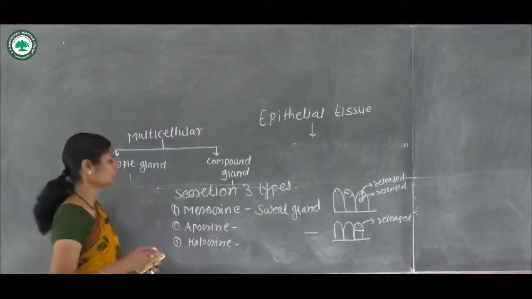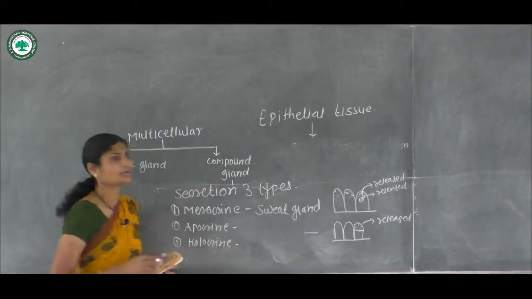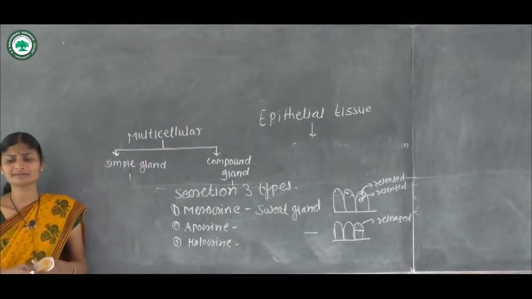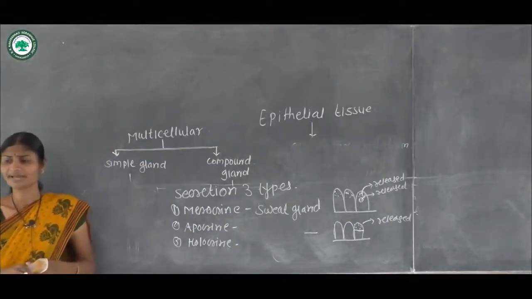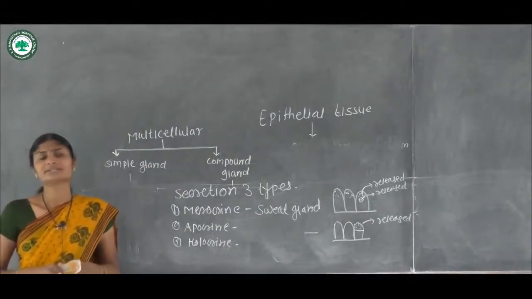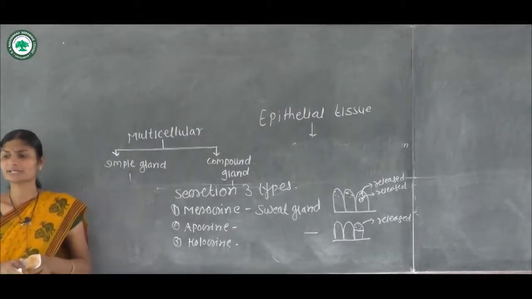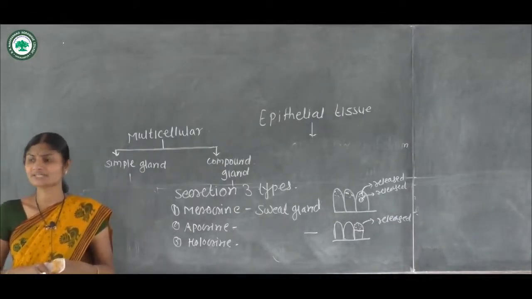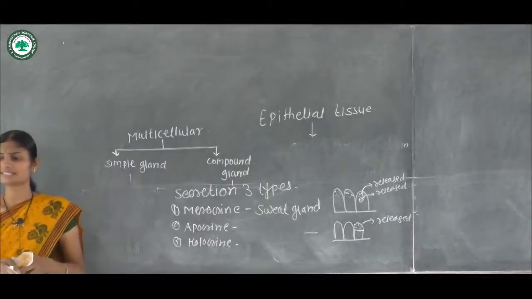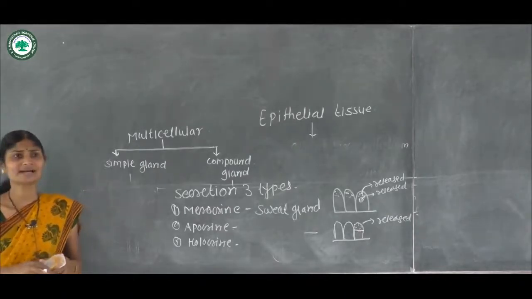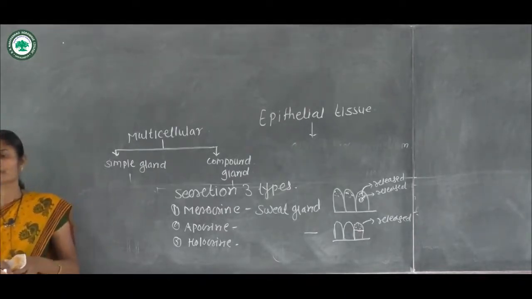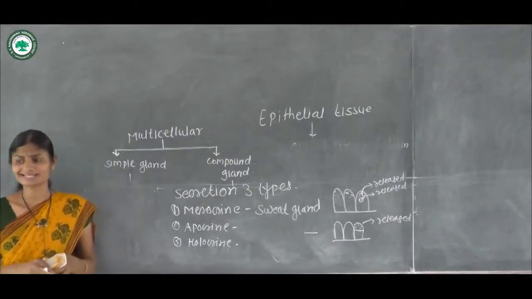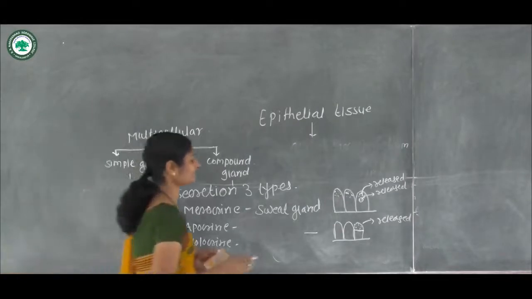Next gland is the holocrine gland. Holocrine secretion is a programmed cell death, and in this method the whole cell disintegrates with the secretory product, and the lost cells are replaced by division of relatively undifferentiated cells, as in the sebaceous gland.